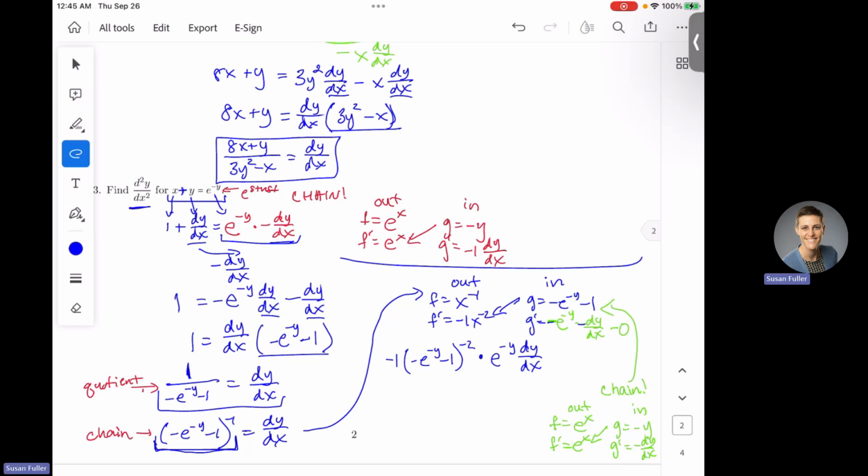on this left-hand side. And now I'm going to have that equal to the derivative of the right. The derivative of dy dx is my second derivative, so that's going to be d squared y over dx squared. And now I'm trying to find the second derivative, which is this d squared y over dx squared.